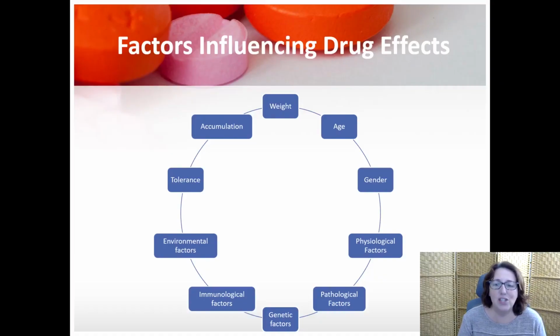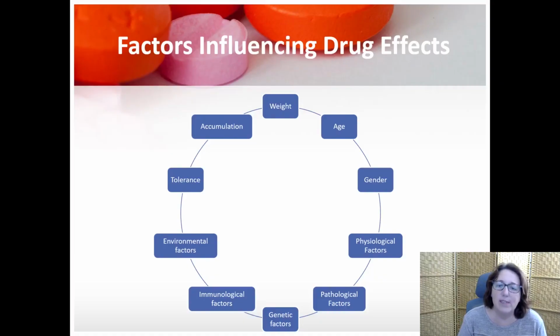Age is a big factor. Children have immature organs and their metabolism is different than adults. On the other end of the spectrum are older adults. Polypharmacy, or getting a lot of medications, less effective absorption and distribution, oftentimes due to fewer plasma proteins, less efficient perfusion going to those tissues, altered metabolism related to liver changes, and less effective excretion due to decreased renal function can affect older adults.